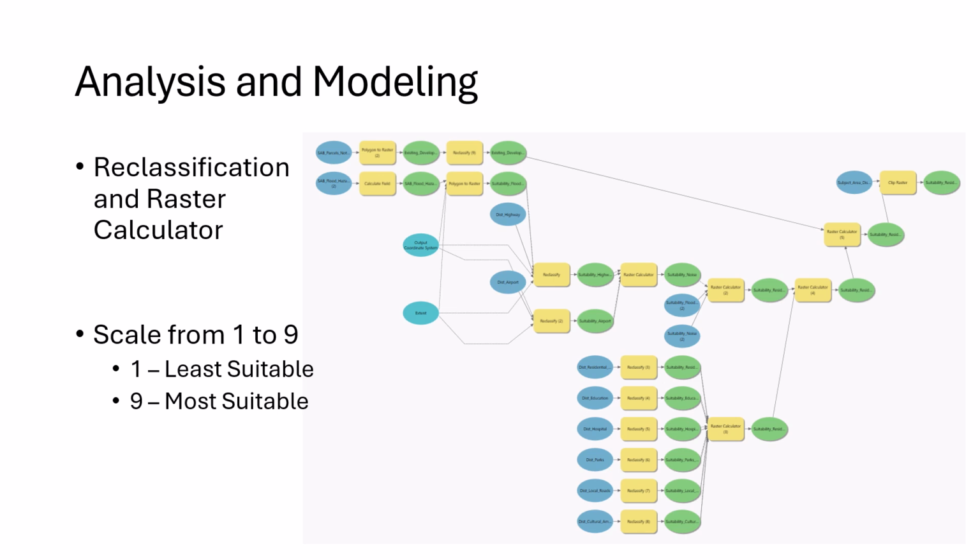The way that these were calculated was using zonal statistics, and I calculated that by using the method that Carr and Zwick have in their book. So anything that has the mean value or less was just assigned a 9, and then for each quarter standard deviation you go up, you go down one number, until you get to 1, which is kind of a leftover. Anything beyond that is given a value of 1.